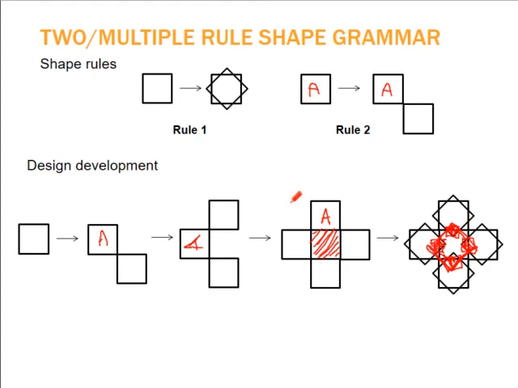So now because you have a diagonal square shape like this, if you apply rule number 2, you can also apply rule number 2 to the diagonal shape. So for example here, when you apply the rule, you're gonna add another square here. Okay, something like that.